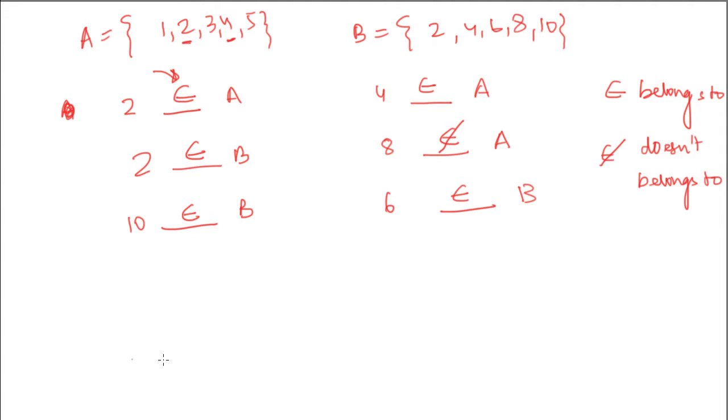Okay, so now let's do some questions. Example: representation in roster form. It means there would be a question which is given in set builder form, and we have to go to roster form.